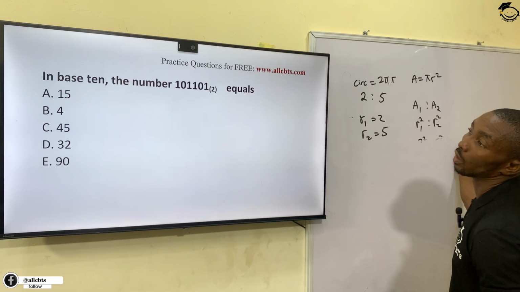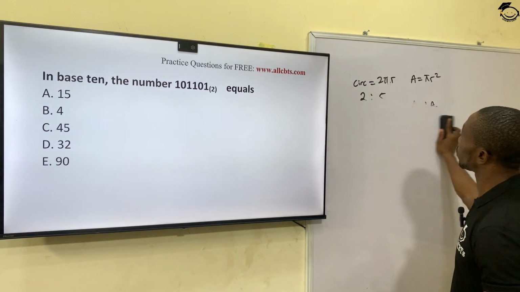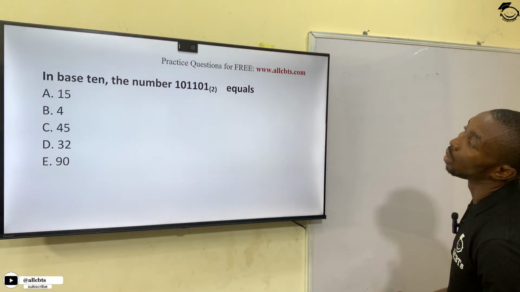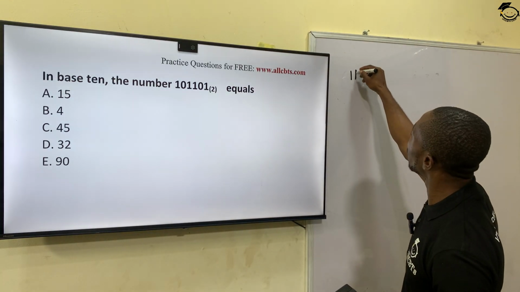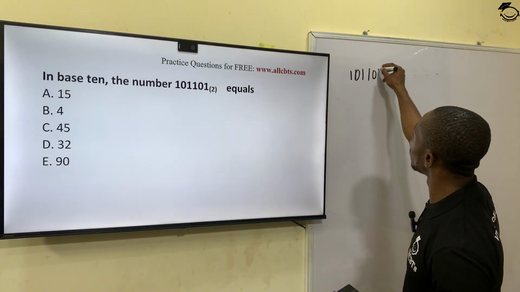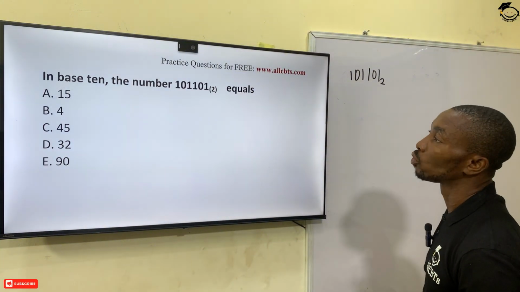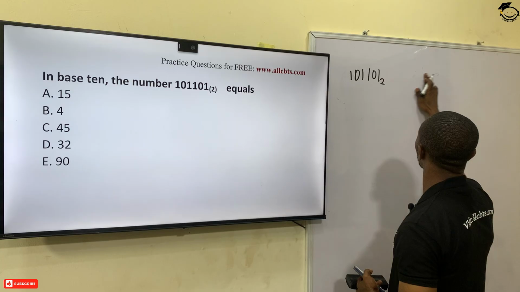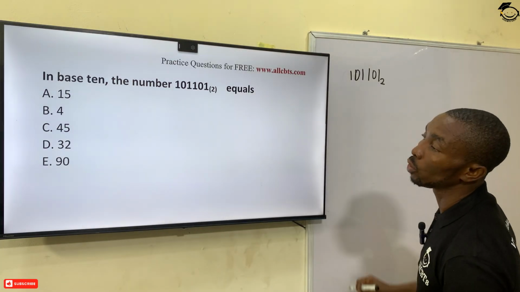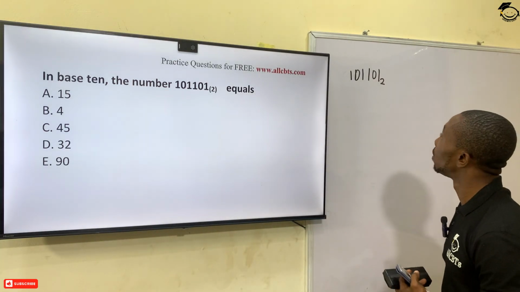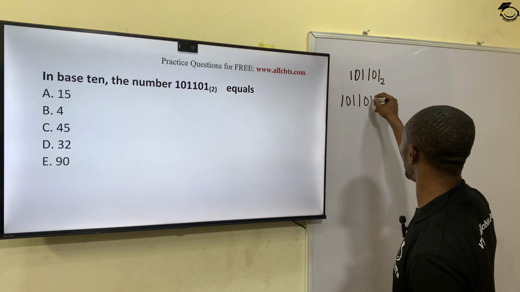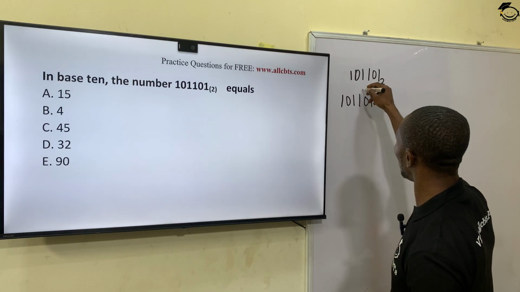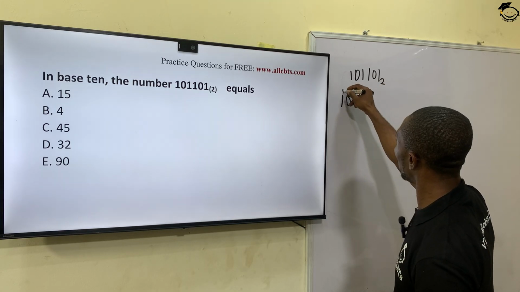Now, the next question says, convert 101101 base 2 to base 10. Now, in converting to base 10, we use our expansion method, where we have 101101, with positions 0, 1, 2, 3, 4, 5.